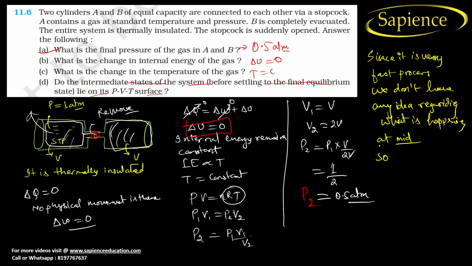So it does not lie on the PVT surface. I hope you have understood this. These are the explanations for all the questions from the book, A, B, C, D.